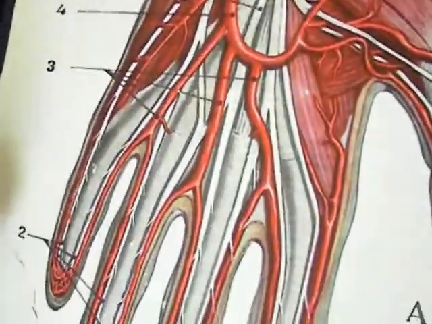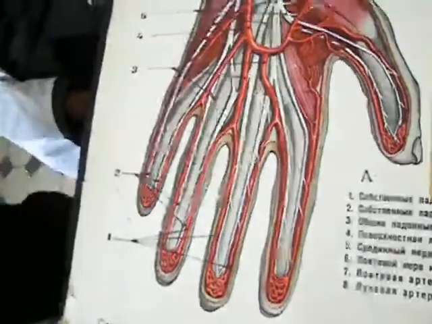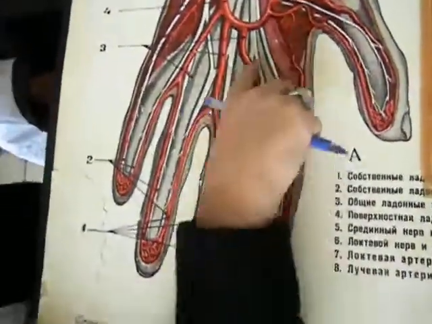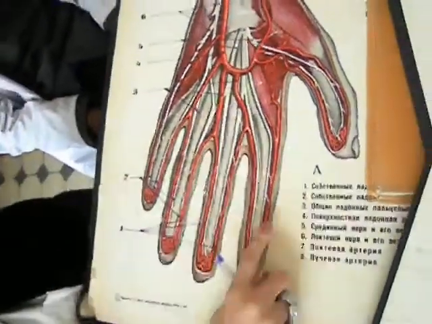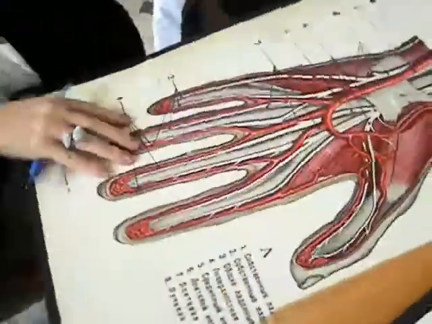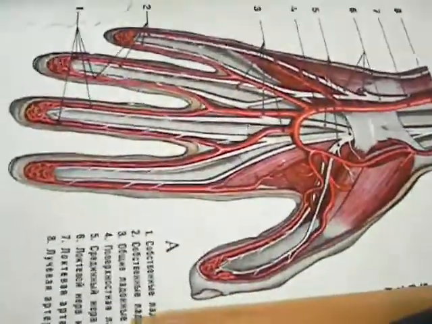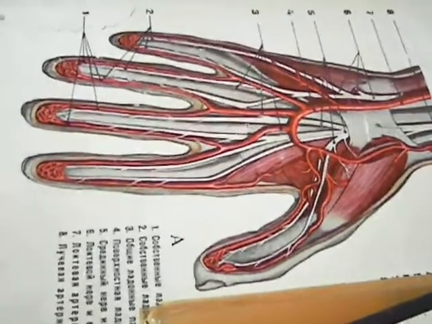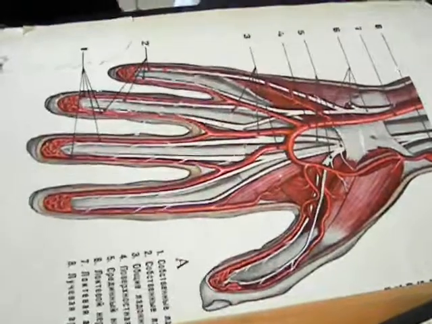Branches of these two arches vascularize all joints, all muscles and skin, all structures of the hand. That's all about arteries on the upper limb.